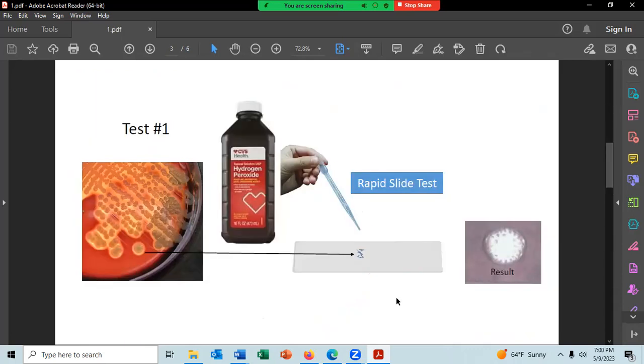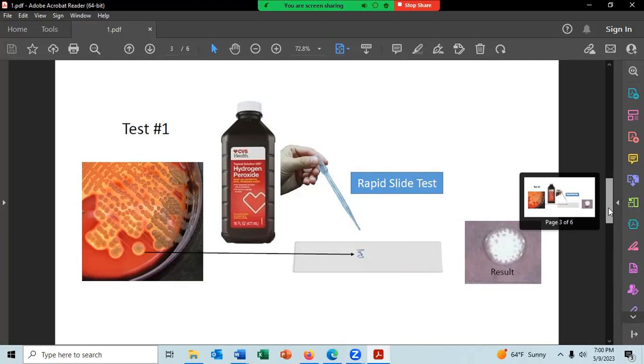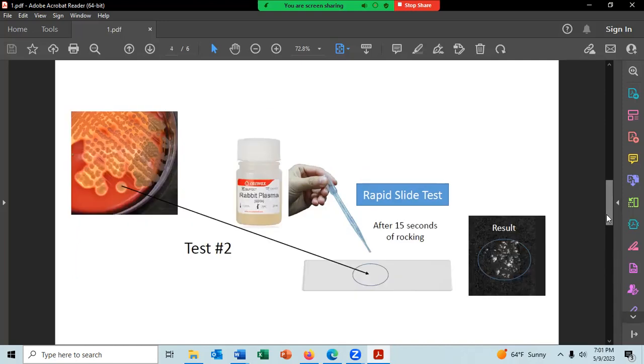And then they do the catalase test, and there's the results of the catalase test. And then they do the coagulase test, and there's the results of the coagulase test.